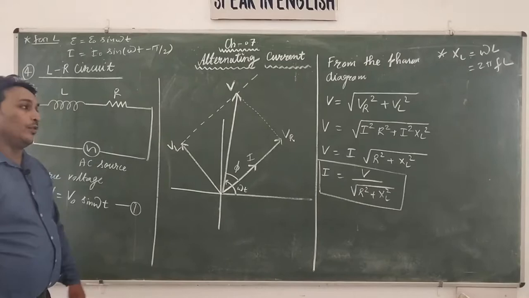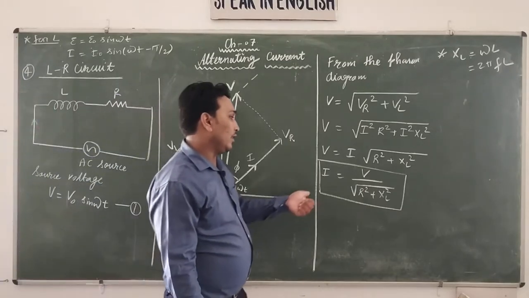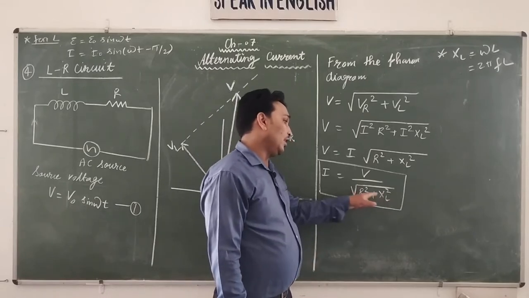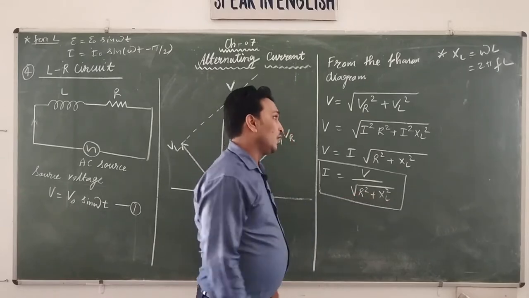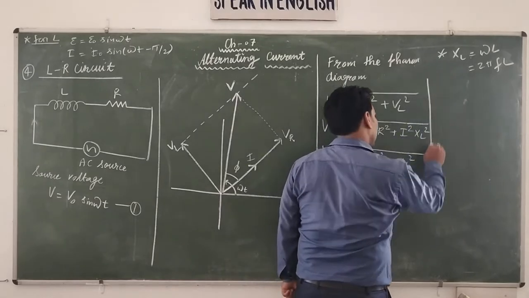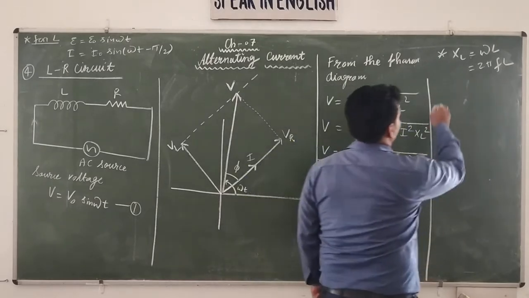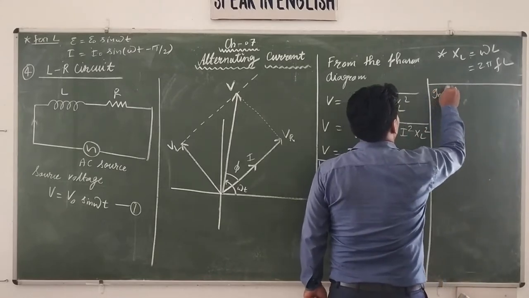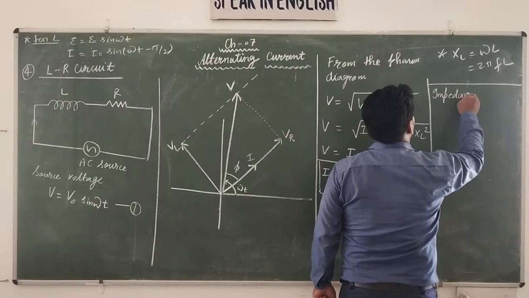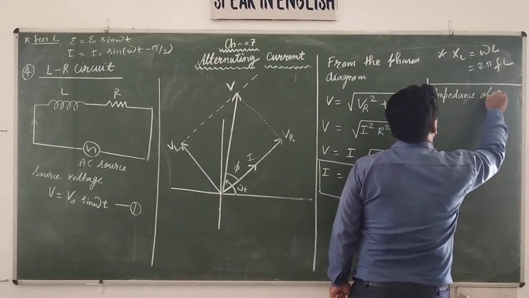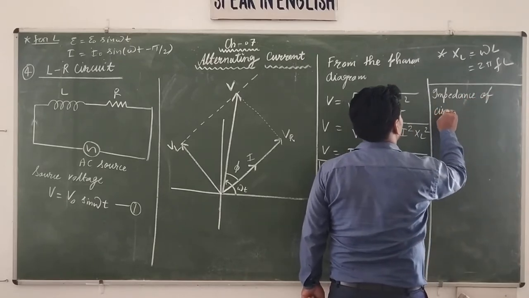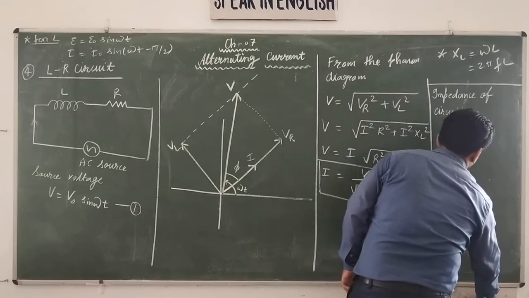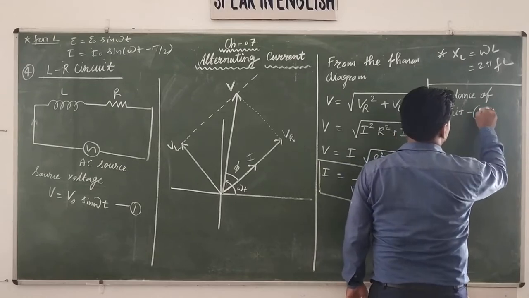Now if we compare this formula with the traditional one, that current is equal to voltage upon resistance, here the role of resistance is played by under root R square plus XL square. So this is called the impedance of the circuit. Basically, it is the effective resistance.